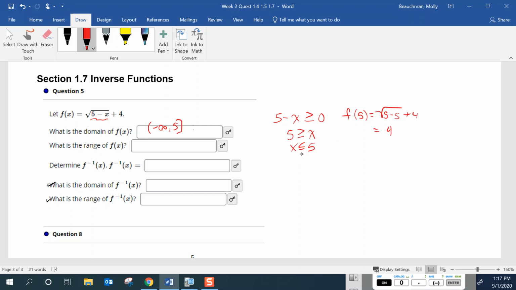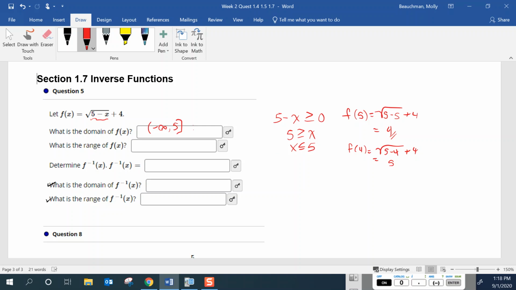And then if I put in smaller values than 5, for example 4, what happens? I get the square root of 5 minus 4, plus 4. Square root of 1 plus 4 is 5, so the y's are increasing. So I think the smallest value of the range can be 4, because that's the greatest value of x. And then as x values decrease, the y values increase.